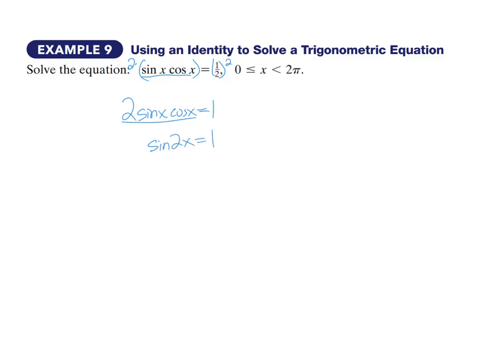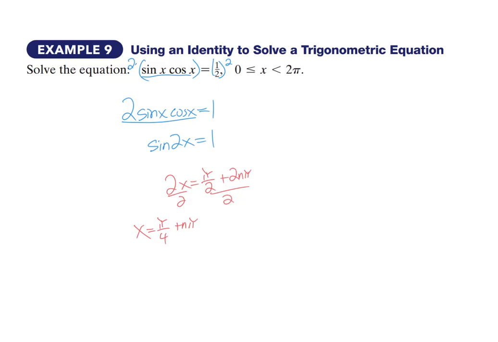Okay, so now I do have something in here besides just an x, so I'll have to be careful and use those extra steps required. Sine of x equals 1 at pi/2. That's the only time. So I know 2x has to equal pi/2 plus 2n pi. Now I divide everything by 2, and I get x equals pi/4 plus n pi.